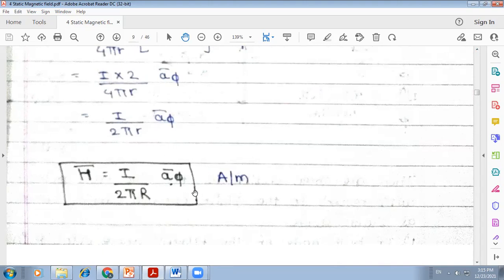Remember these equations, because they can ask you examples from them. So for an infinite filament, it is only I upon 2 pi R unit vector A bar phi.